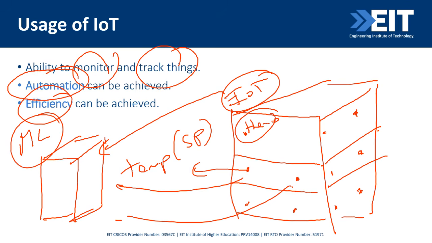So this leads to efficiency, this leads to automation, and this leads to this kind of intelligence that we would have, like I get into a room and I feel it's at the perfect temperature. It's because a system was trained to predict what I'm going to use as a set point when I enter that room. So this is one example of usage of IoT.